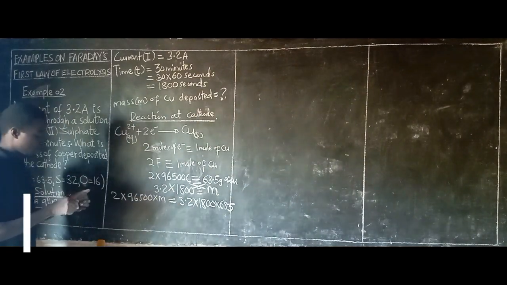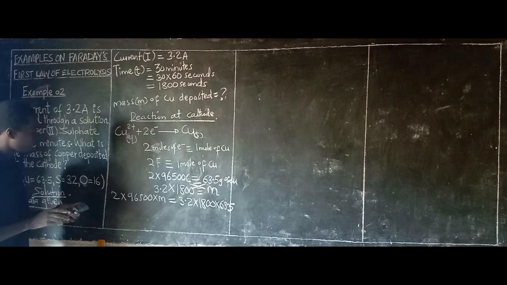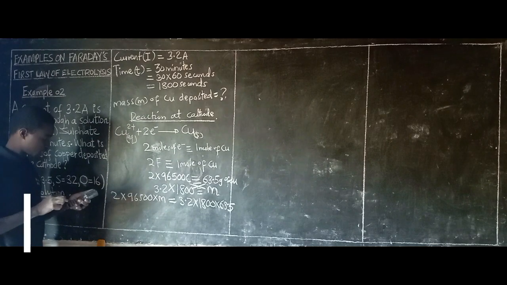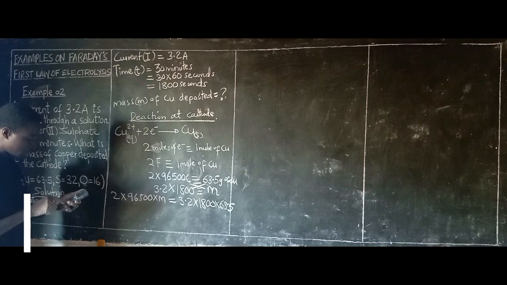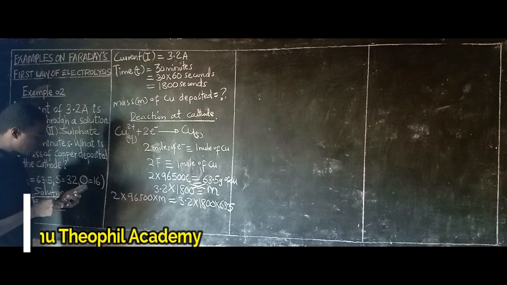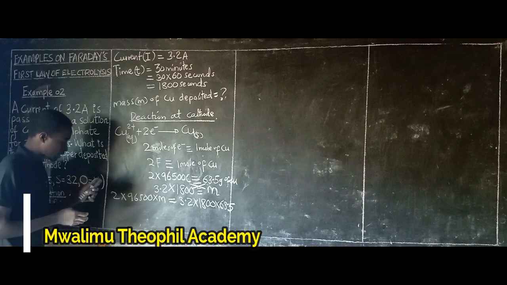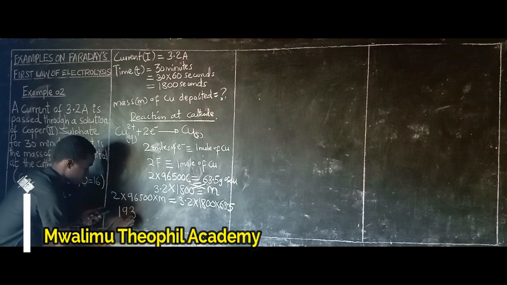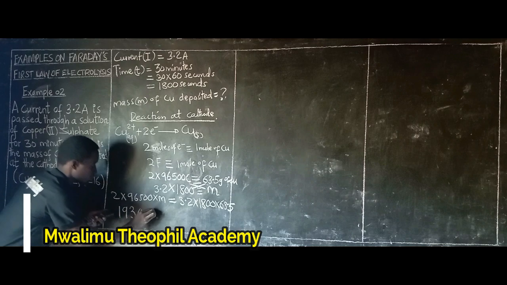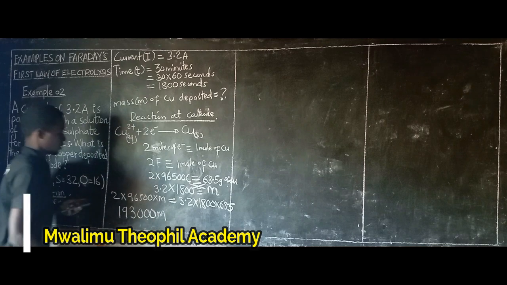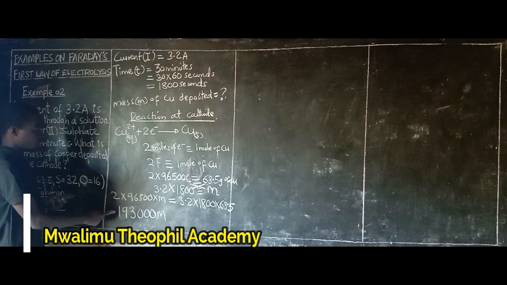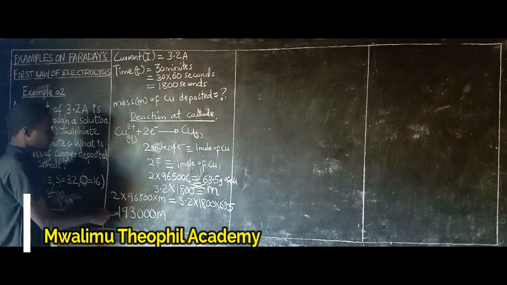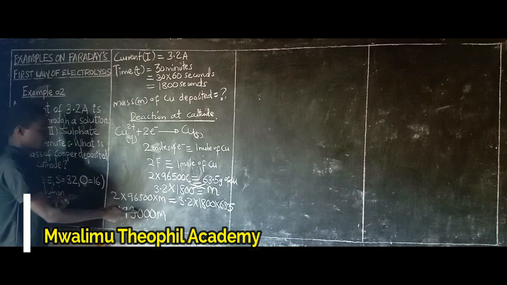Now on the left hand side we have 2 times 96,500. When you multiply it, you get 193,000 m.